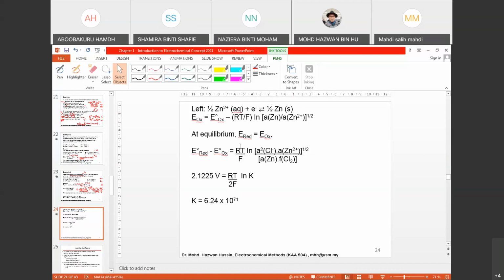So at equilibrium, where the reduction potential is equal to the oxidation potential, then you just rearrange the two half equations, or the two Nernst representations, and you will get this.